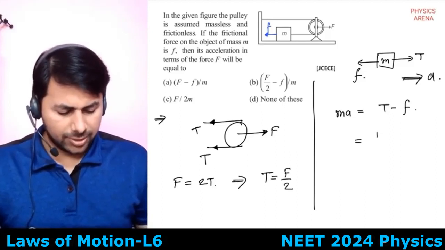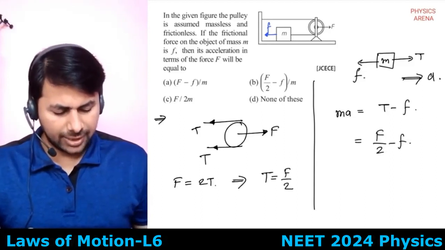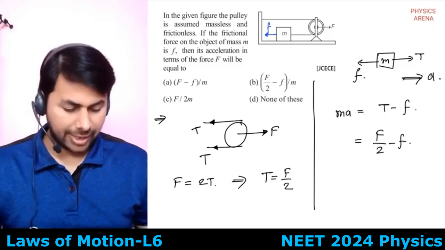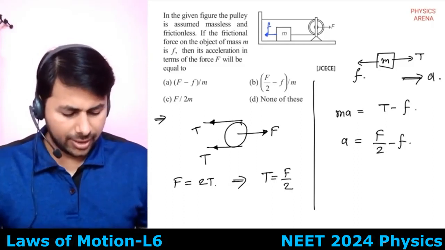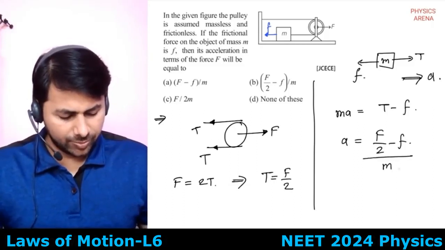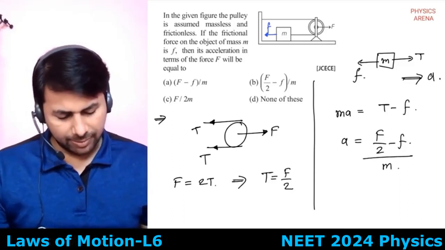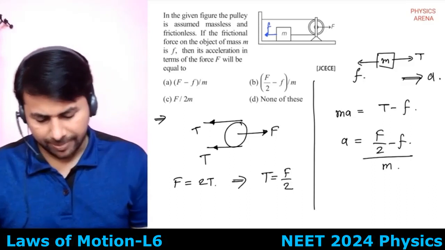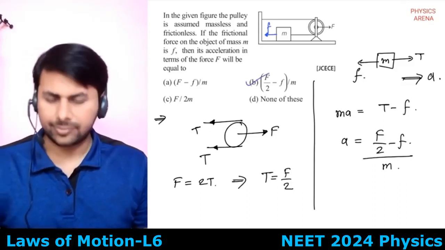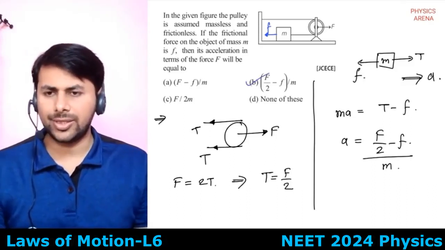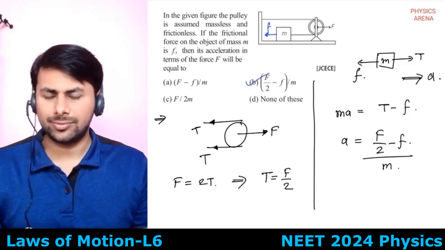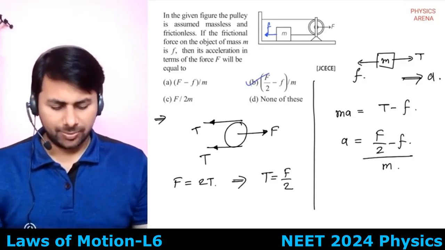Put that. So it is F by 2 minus small f is equal to m into a. You want acceleration, so take that mass on the other side. So it is (capital F by 2 minus f) divided by m. It is option B. Got it? Yes, no? Okay, simple question.